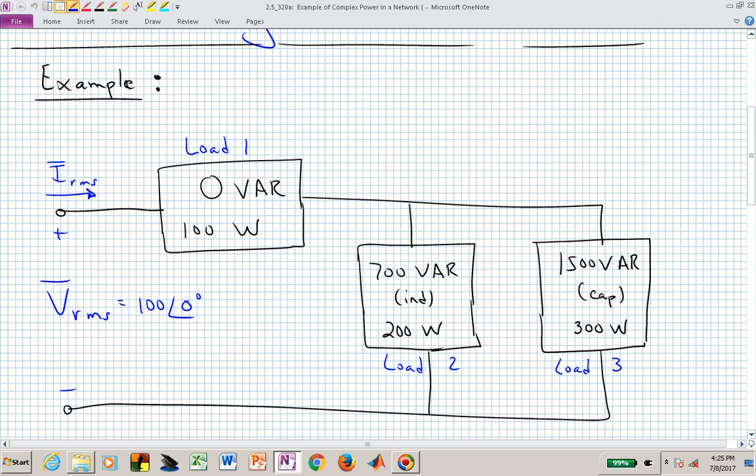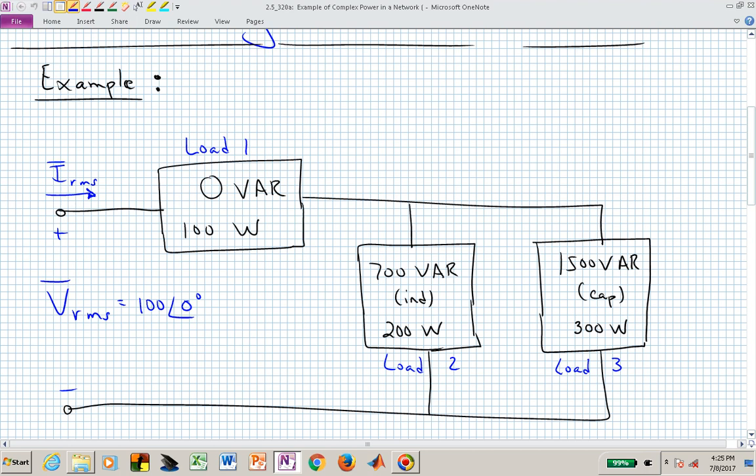With each load, you're given maybe different kinds of information as far as the types of power associated with those loads. Load 1, you have no reactive power and you have purely real power. Load 2, you have a combination of real power of 200 watts and reactive power of 700.